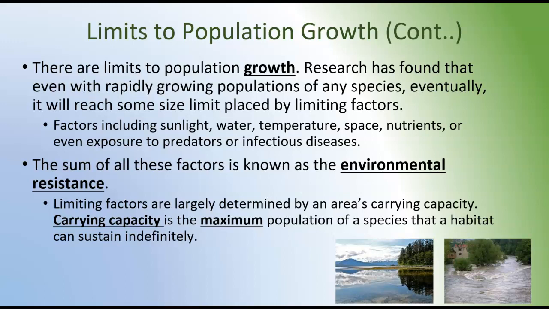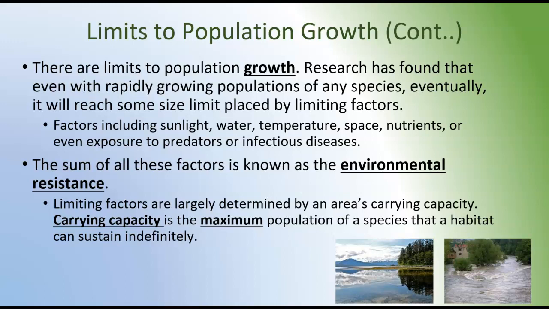Limiting factors are largely determined by the carrying capacity, which is defined as the maximum number of a species that the habitat can actually sustain indefinitely. For example, if you're trapped in your house and you start inviting friends over, eventually you're going to run out of food, right?